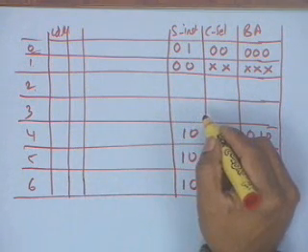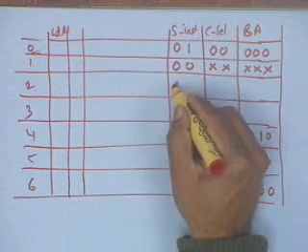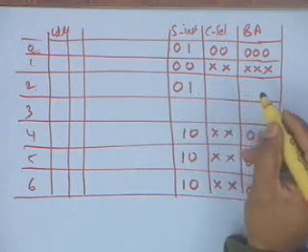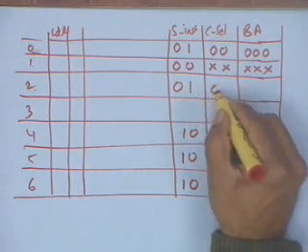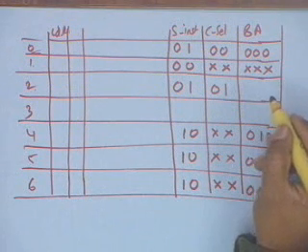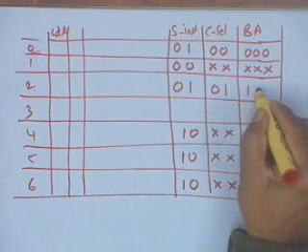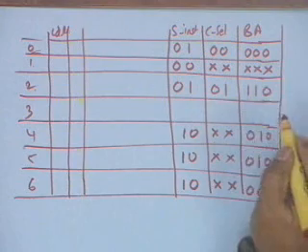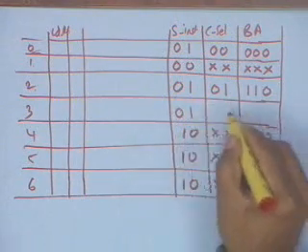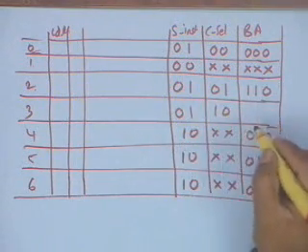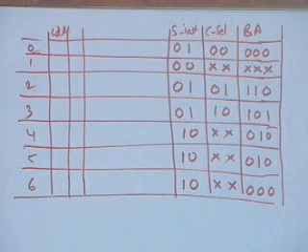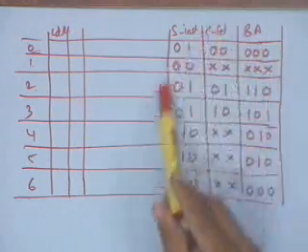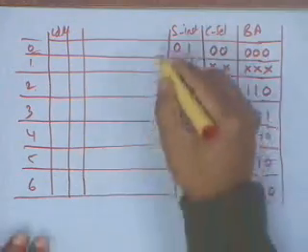And for this one, the sequencer instruction is 0, 1, I need to choose equal. Equal is 0, 1. And if it is equal, I go to 6. Next one is 0, 1. I choose greater than. I go to 5. And this is the control part of it.